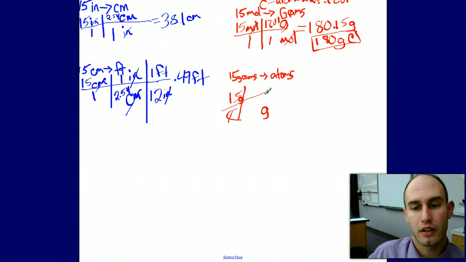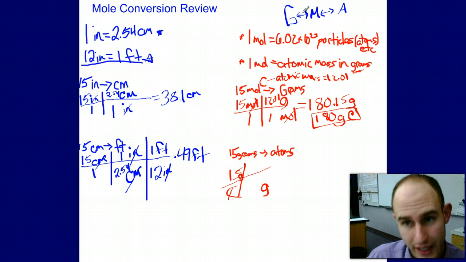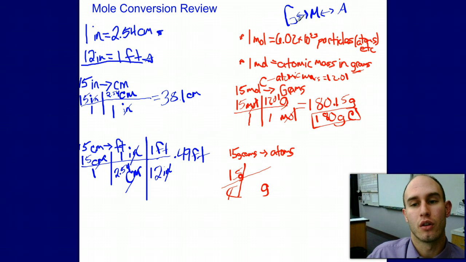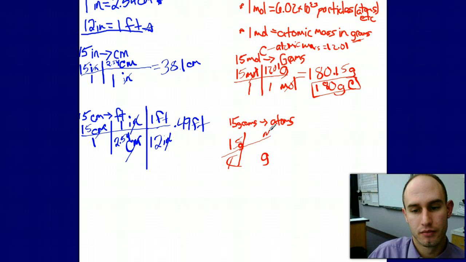Again, can I go directly from grams to atoms? Well, Grandma says no, I can't. Can't go from G to A. I have to go from grams to moles, and then moles to atoms. So on the top here, I will have moles. And my conversion, again, 1 mole equals the atomic mass in grams of my element.